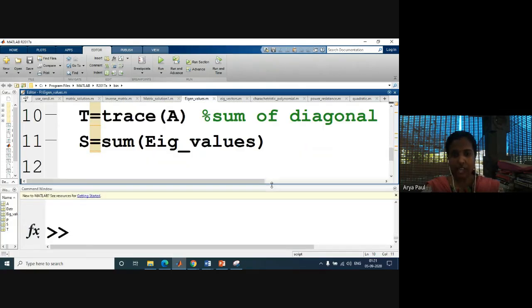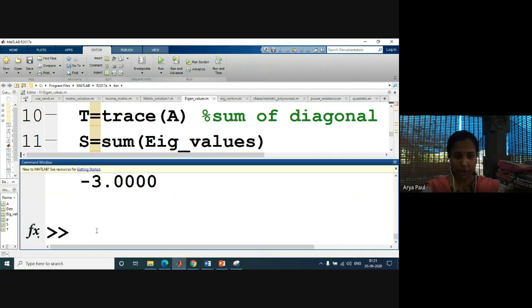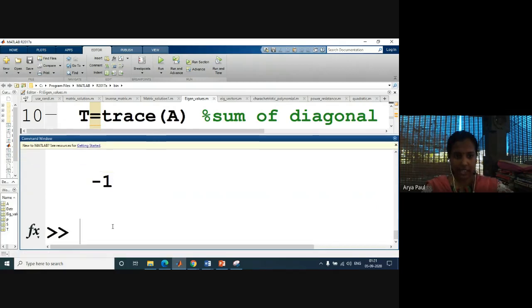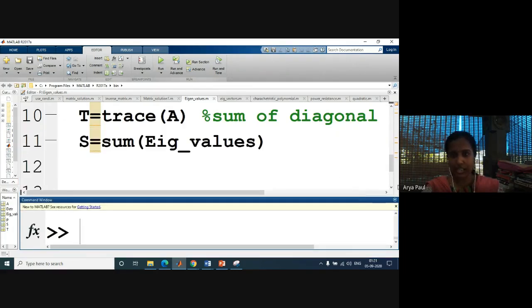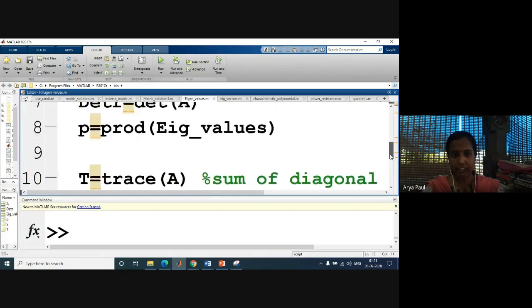Now we will see when we run it. You have already run it. When I type T, it is equal to -1, so the trace is -1. When I type S, it is also -1. So T and S are the same: trace and sum of eigenvalues are the same.